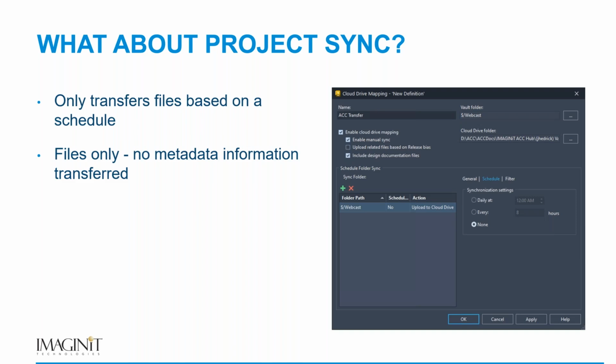However, what people really are looking for is when they make changes, to have those changes immediately or very soon thereafter reflected on the other side. And I say other side, whether it's Vault to the Construction Cloud or whether it's the Construction Cloud back to Vault, they want those changes reflected in a somewhat timely manner.